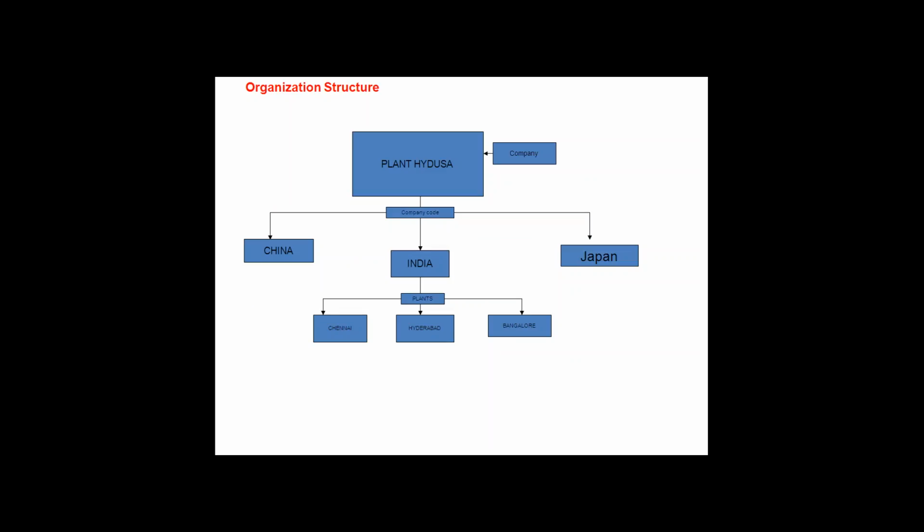China can have a number of plants, Japan can have a number of plants. Now in SAP, we call China, India and Japan company codes. All these company codes are assigned to the main company, that is plant Hyderabad, USA. You can imagine your main head office is in USA so that you will have better control across the globe.